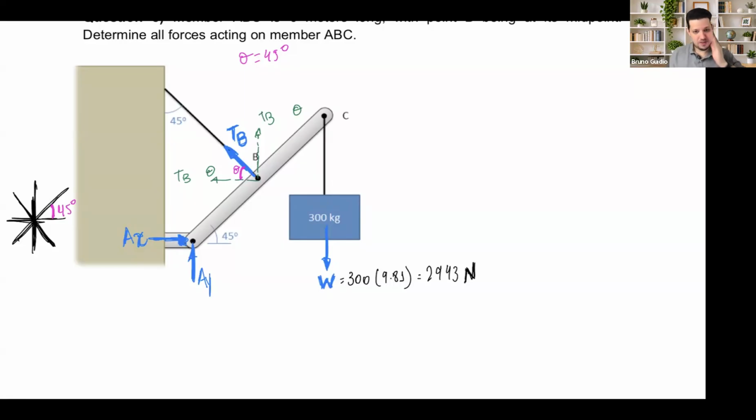It's going to be right here, 45, right there, 45, right there, 45. Actually, let me change this. So this is the angle green 45, and this is the pink 45.